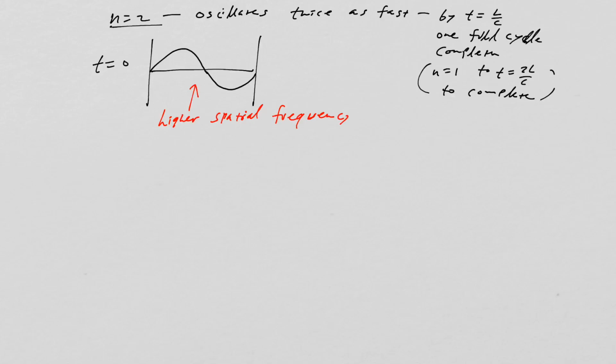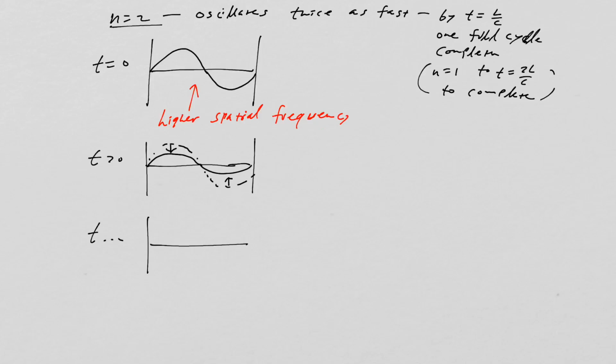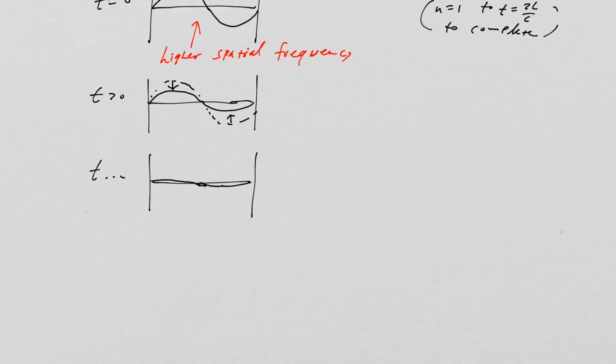So this is at t equals 0, and then for t greater than 0, here was the original starting position, and the amplitude basically just comes down. It goes down there, and it goes up on that region. You go on a little bit further, and then ultimately the amplitude for both will be almost nothing.